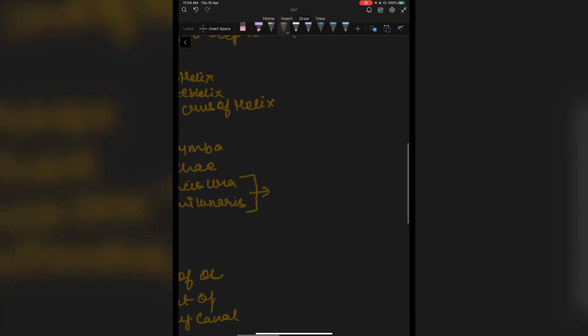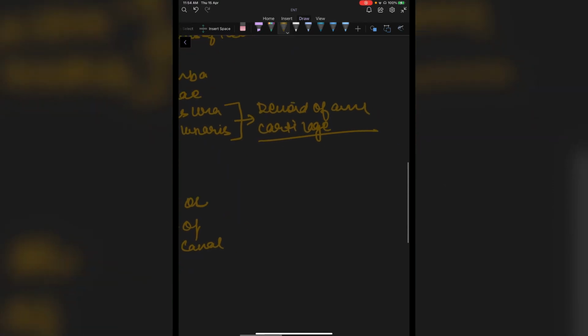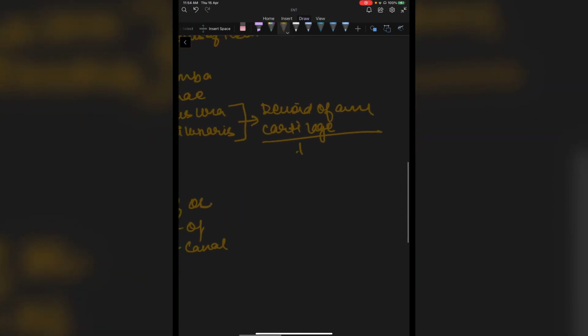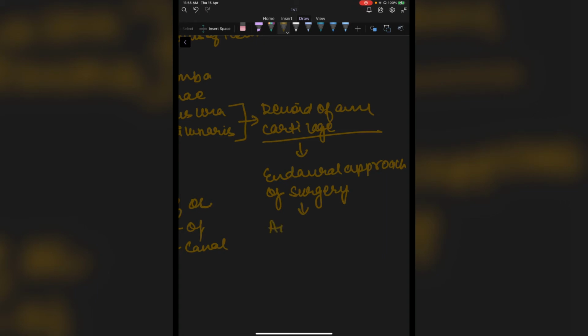Now it has some importance. It is devoid of any cartilage, so no cartilage is present in the area of the incisura semilunaris. What is it used for? It is used in the endaural approach of surgery, in which an incision is made.